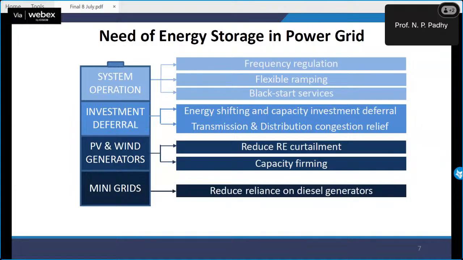And then you go to the PV and wind generators, where you reduce renewable energy curtailments. Because we need not curtail, means many times, all of you please try to understand. If I have a PV park and I do have a customer, and now the customer's requirement has gone down, means I'm experiencing an off-peak hour.